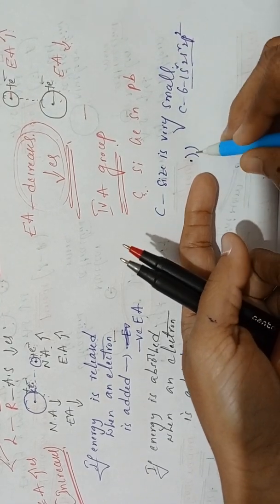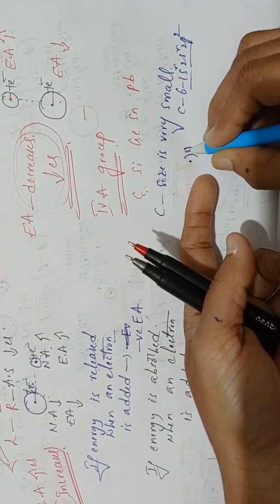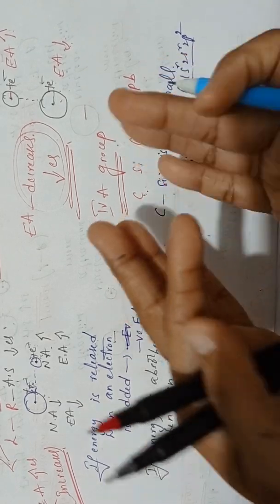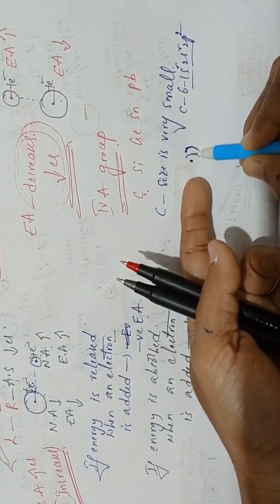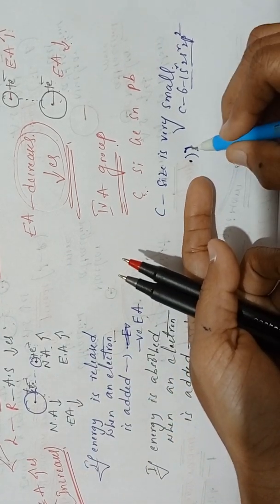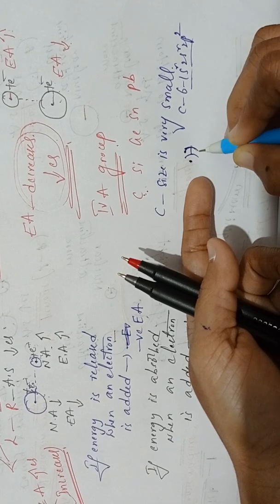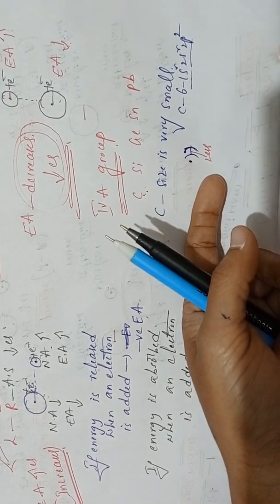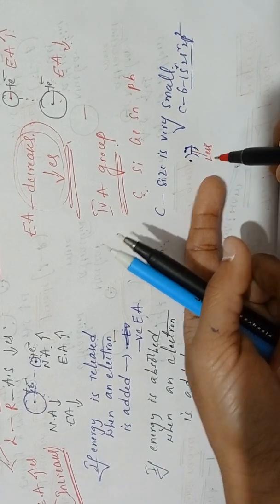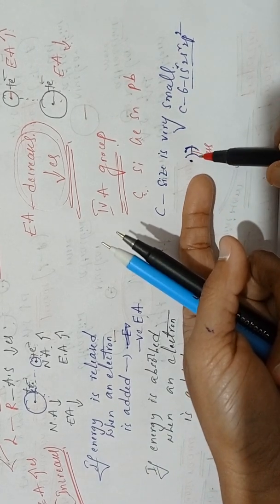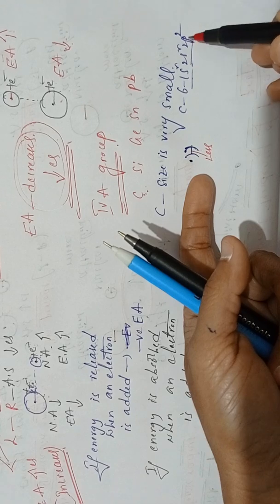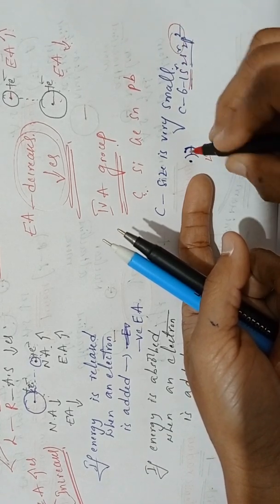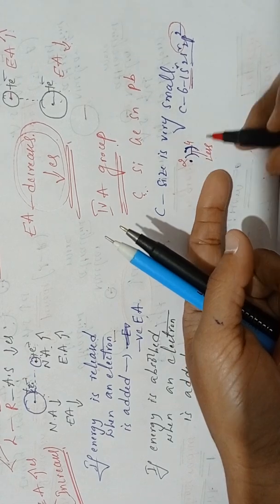Now see here, students, whenever size is small, the distance between the first shell and second shell is also very less. Are you understanding? The gap is less. So whenever the gap is less, the first shell has 2 electrons, the second shell has 4 electrons, 2 plus 4.